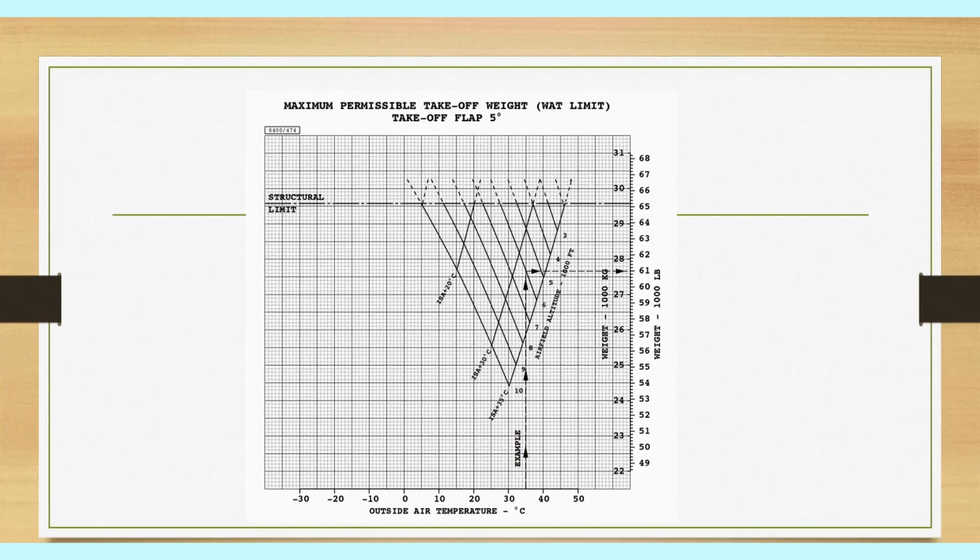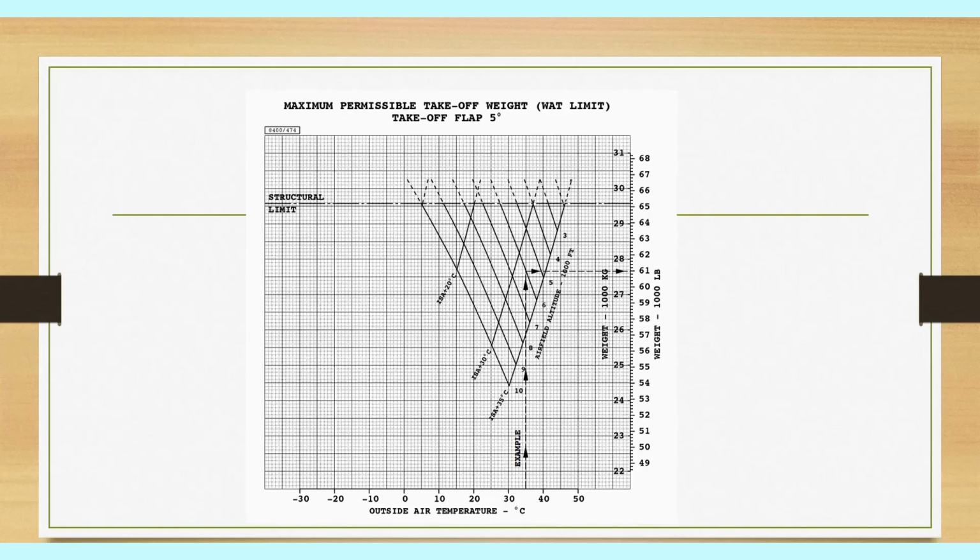The first graph that we'll refer to is from the AFM, the Airplane Flight Manual, and this graph gives you the maximum permissible takeoff weight. WAT stands for weight, altitude, and temperature limit, and this one is for takeoff flap 5.